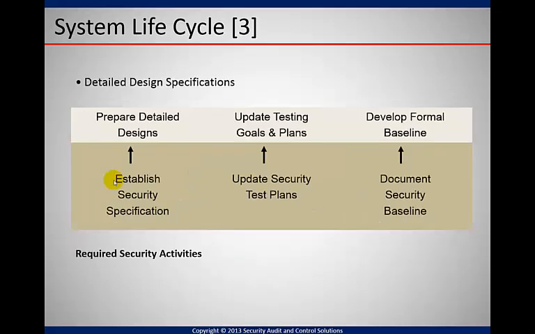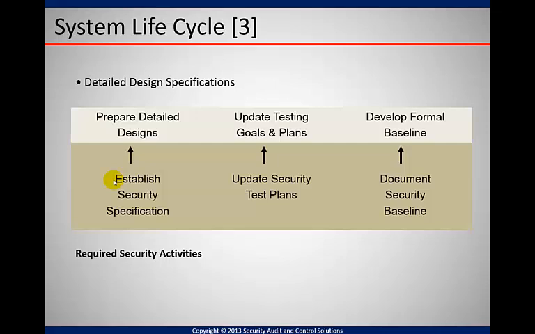In the detailed design specification, developers prepare a detailed design. We'll have to ensure that they establish a security specification based on the minimum guidelines and minimum baselines. Developers will update testing goals and plans, and we will align with them from a security point of view and update our security test plans.